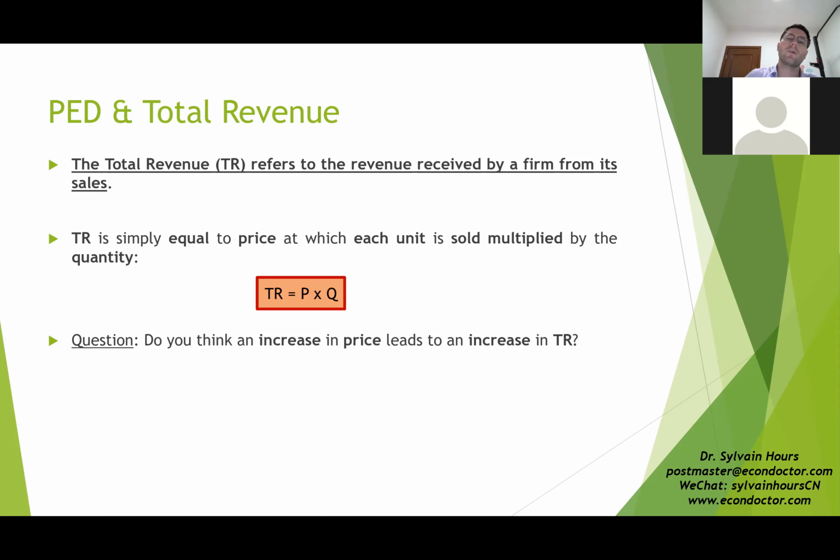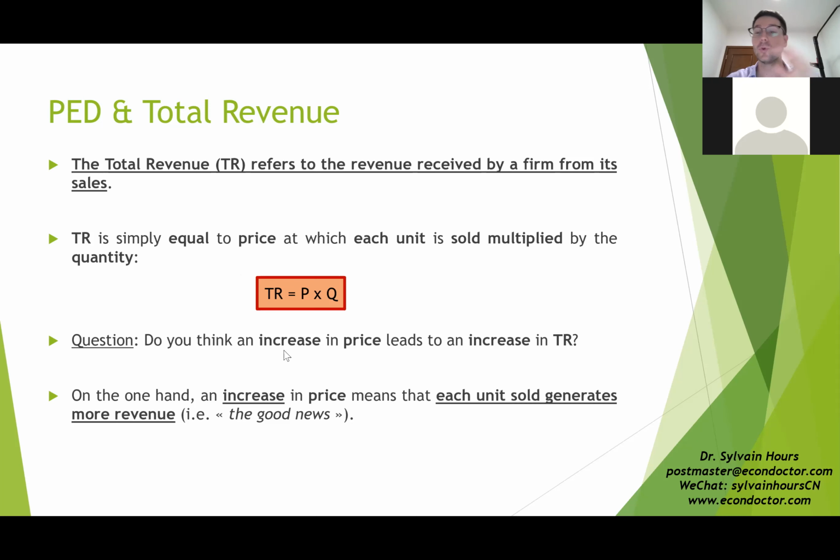So you can just ask them, if you're a business and you increase the price, are you going to get more money at the end of the day? Usually students guess that maybe not, because that means two things. Every unit that you sell will generate more revenue. That's what I call the good news, to simplify.